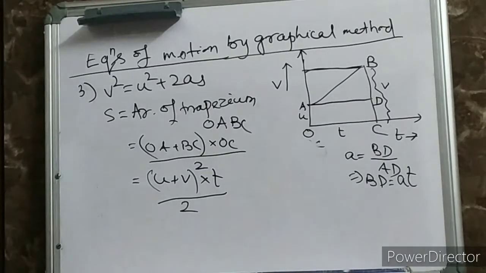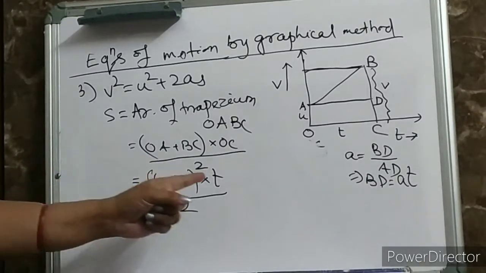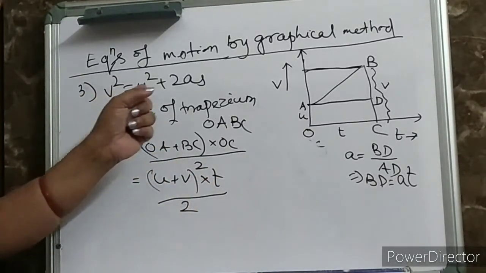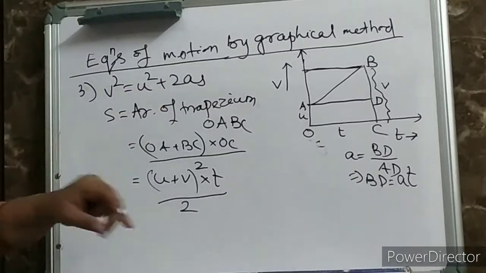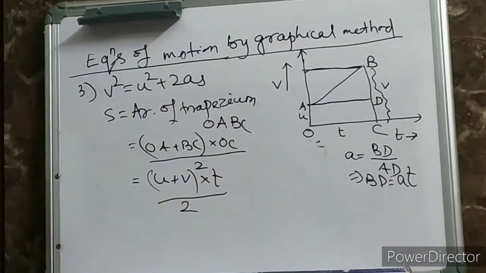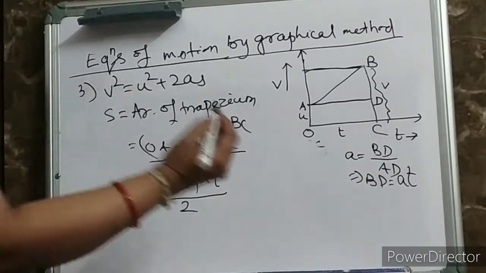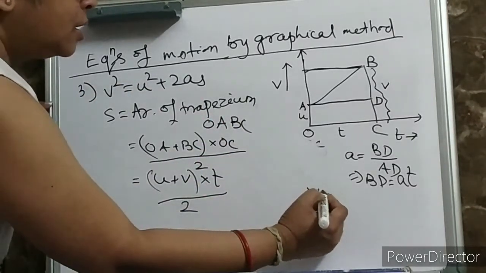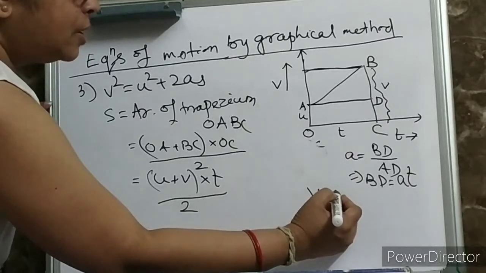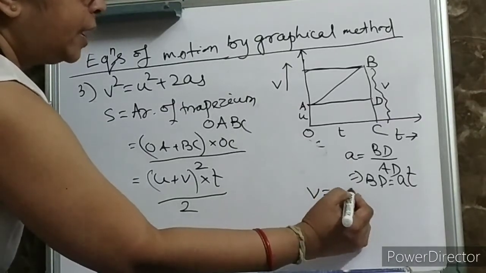And what should be our next step? I have already told you, you have to be very smart, alert. No need to mug up the things. Here there is a T, but in the equation we have to prove there is no T, that means we will look for a substitution for T. How to substitute? We have already seen the equation V is equal to U plus AT, children.